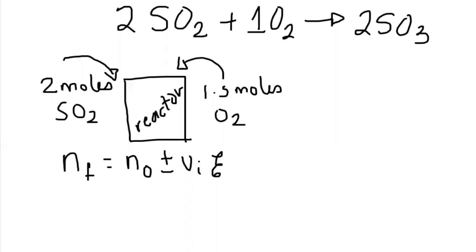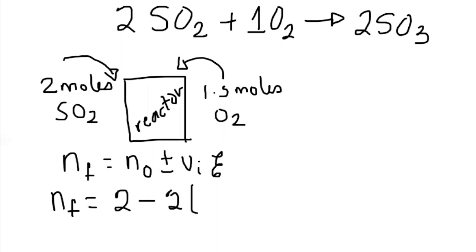In order to get the final moles, we're going to grab the initial moles, plus when we have a product, minus when we have a reactant, the stoichiometric coefficient times the advance of the reaction. For SO2, the final moles of SO2 is going to be the 2 moles that we fed, minus, because this is a reactant, the stoichiometric coefficient, which is 2, times the advance of the reaction.